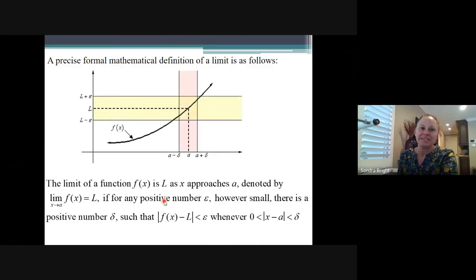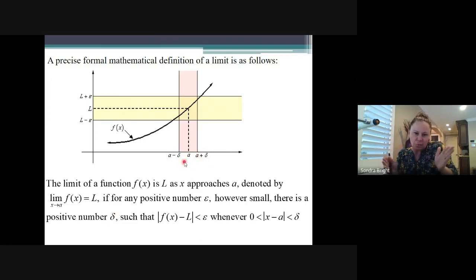Here is a precise formal mathematical definition of a limit using epsilons and deltas, and it's super confusing. I'm sure you don't have to super stress about it. The limit of a function f of x is L, so the limit is L. This is the y value. As x approaches a, so here's this a value, the limit of f of x as x approaches a is L if for any positive number epsilon, some teeny little increment, adding or subtracting it to this y value, there is a positive number delta, adding or subtracting it.